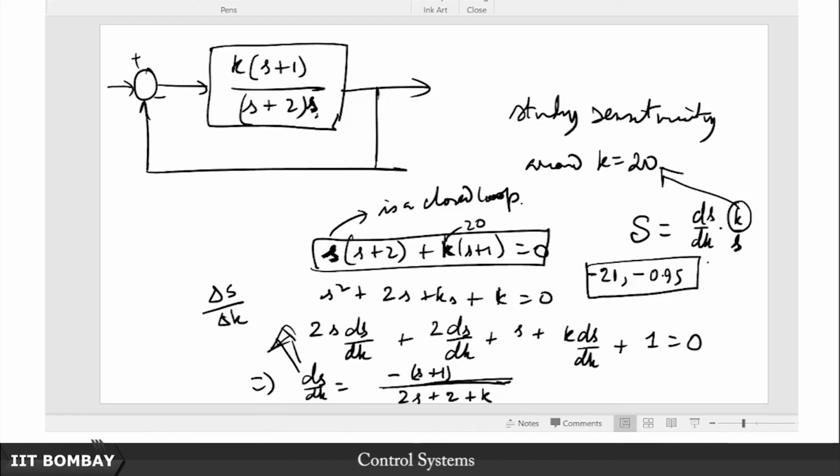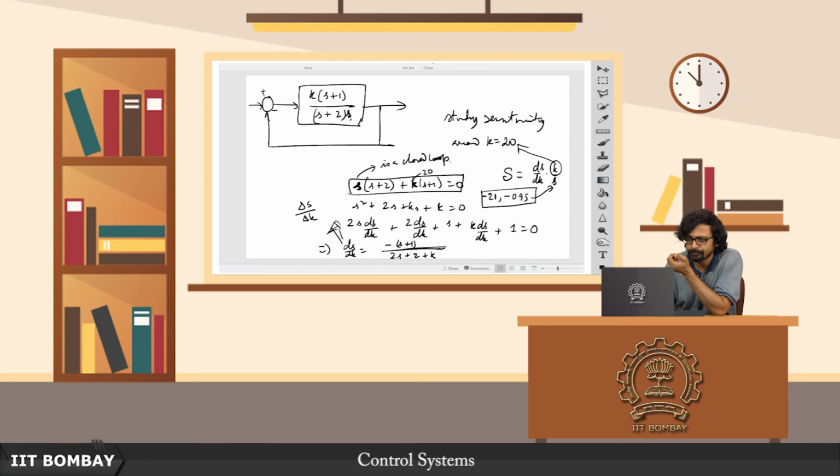Around this you plug in these values of s and the value of k is equal to 20, and for ds/dk of course you again plug in the value of s is equal to minus 21 or minus 0.95 as the case may be, depending on around which branch you are trying to look at the sensitivity. There are obviously two branches, one starting at s is equal to 0, one at s is equal to minus 2. So this is how you go about the problem.